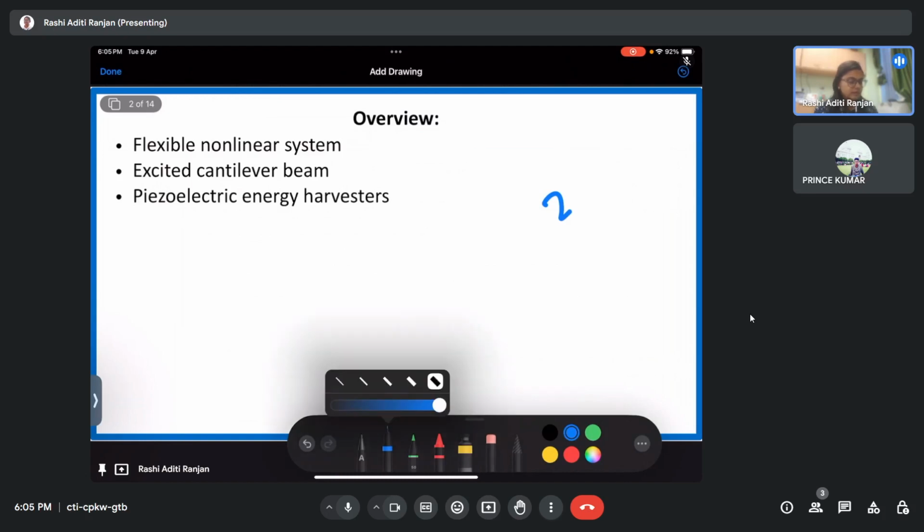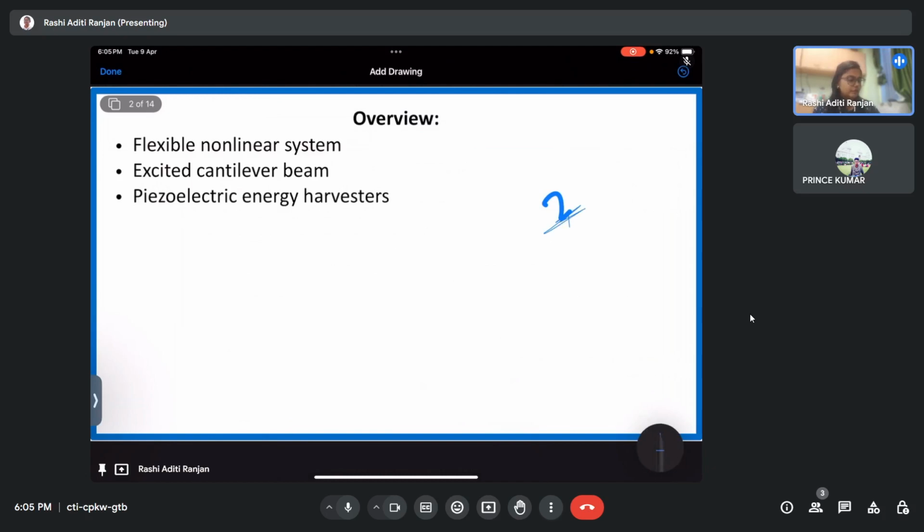After that, various types of flexible systems like the cantilever beam were discussed: the base excited cantilever beam, the parametrically excited cantilever beam, and also an elastic cantilever beam, a viscoelastic cantilever beam, or magnetically stimulated beams.